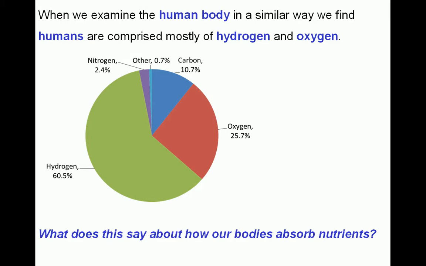So what does that say about how our bodies absorb nutrients? What this means is that our bodies absorb nutrients selectively. Some of the elements that are in our environment we don't absorb, and some of them we absorb preferentially over others. That is, we have a preference for absorbing oxygen and hydrogen over silicon. While silicon is very abundant in the Earth's outer layers, we have almost none of it within our bodies.